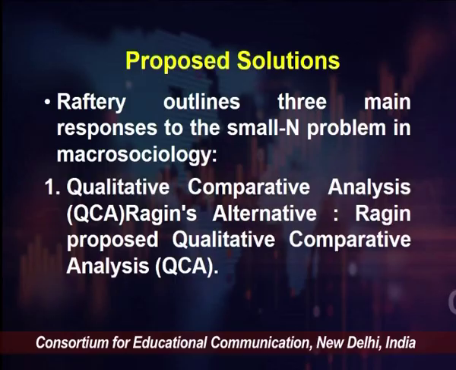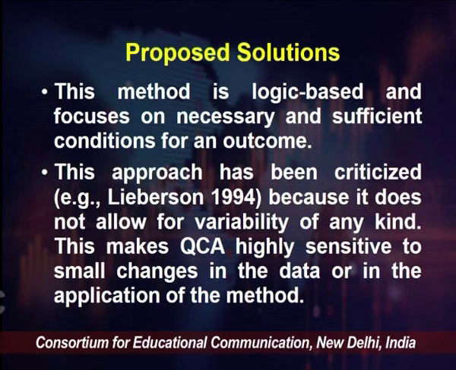So, what are the proposed solutions for the kind of challenges of inference in statistics? Raftery outlines three main responses to the small n problem in macrosociology. Number one, qualitative comparative analysis or QCA, Ragin, and it is explained as logic based, focusing on necessary and sufficient conditions for an outcome.